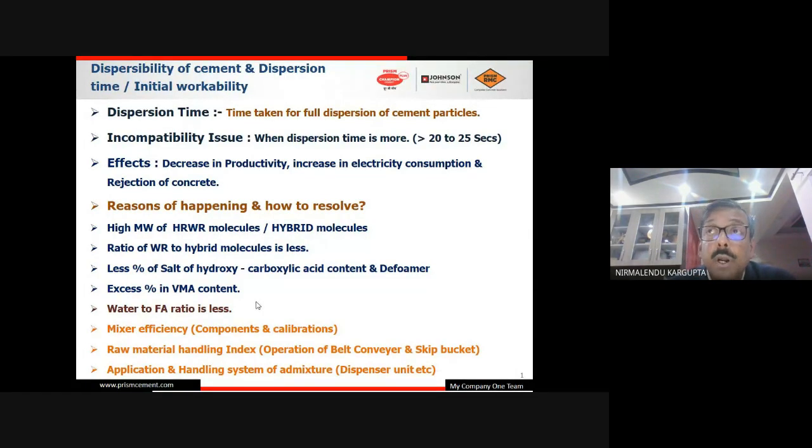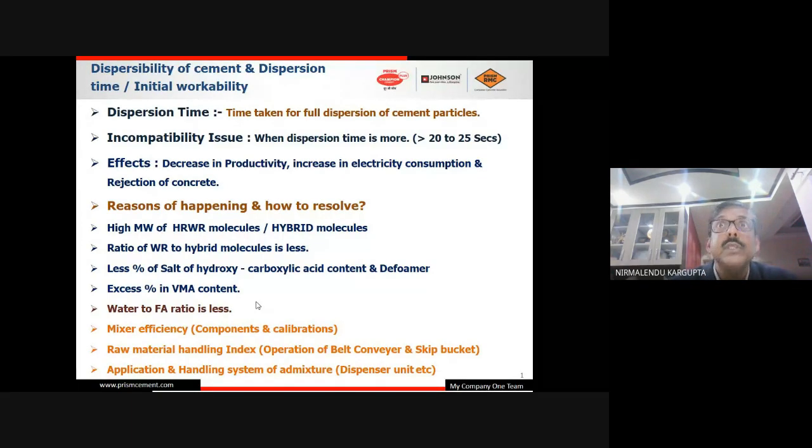So if your water content is 140 liters and your sand percentage is 42%, what will happen? You will put more and more admixture, then it will make the concrete incompatible. What should be? Your water should be a good quantity, say 165, 170 liters. And sand percentage also should be compatible to the water content, because the higher the water content, you need to take higher sand content also.